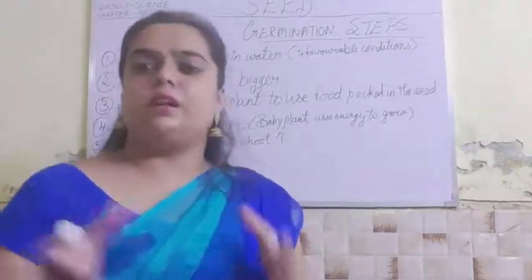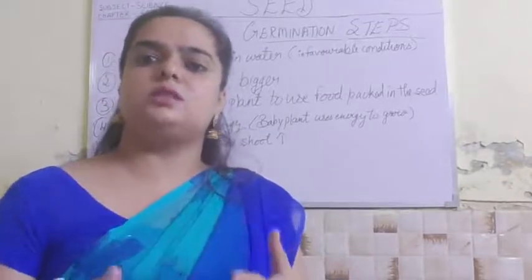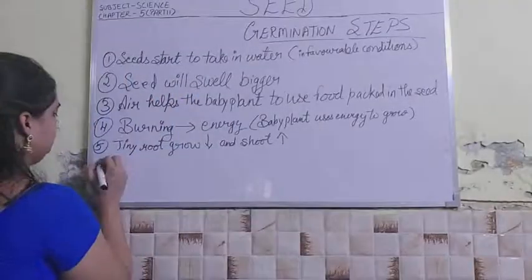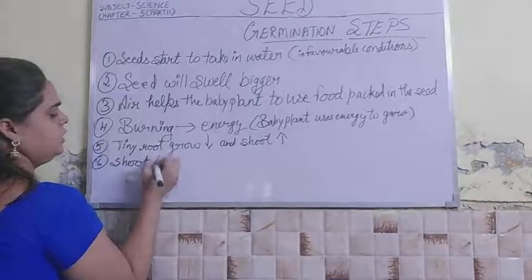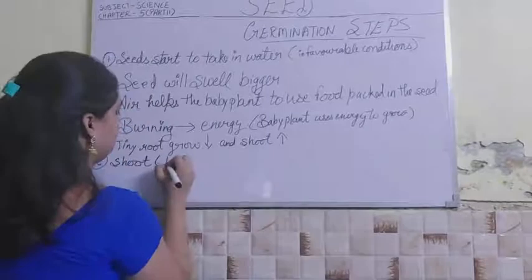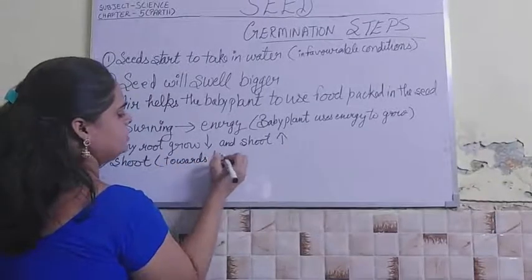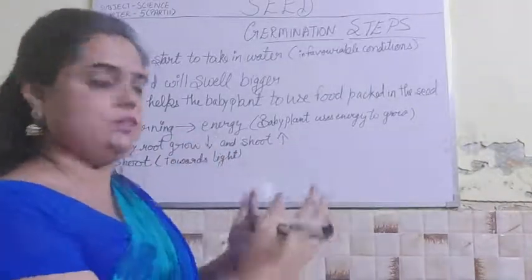The shoot develops and reaches towards the light, while the root system develops deep in the soil. Okay, the shoot develops towards the light, that is, the upper part of the ground surface, right?